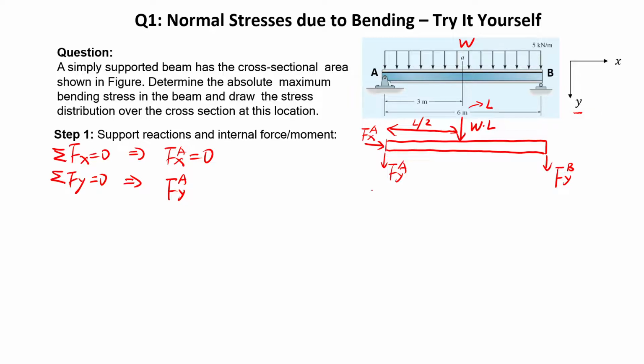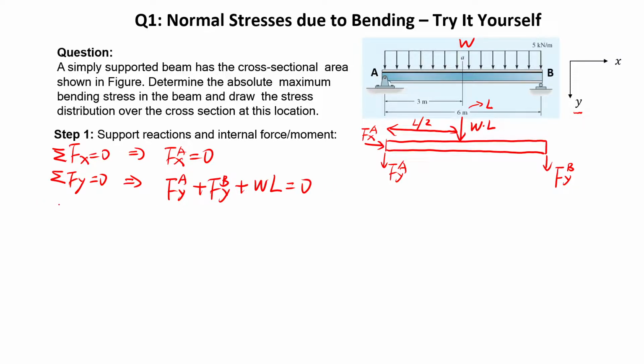So let's just put a plus sign for Fya plus Fyb plus WL equal to 0.